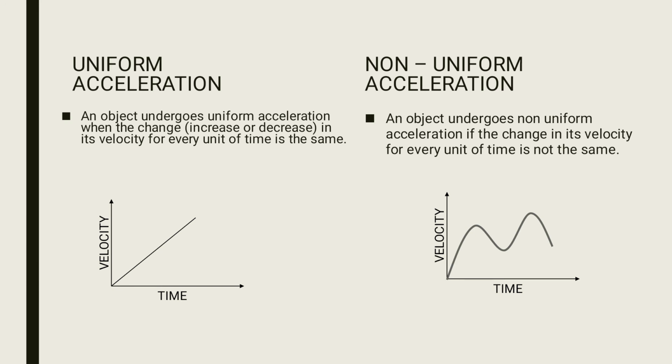And if an object moves with different velocity changes at each time interval, then it is called non-uniform acceleration, that is, change in velocity for every unit time is not the same. The graph is shown which explains the uniform and non-uniform acceleration.